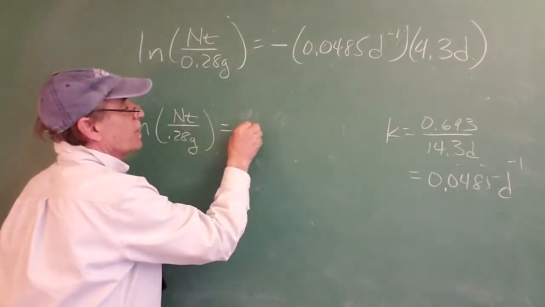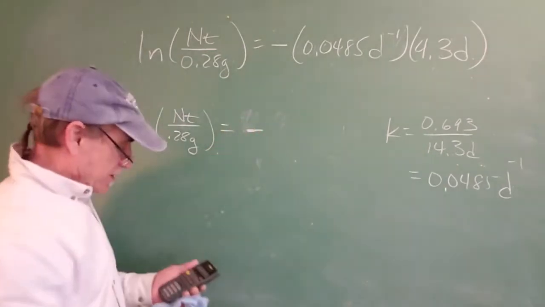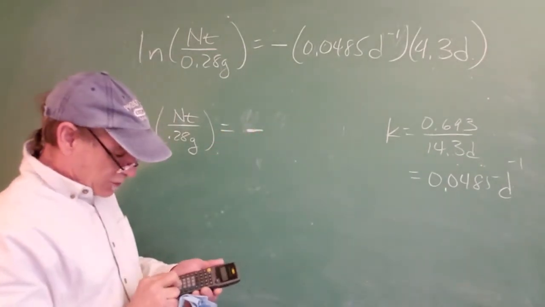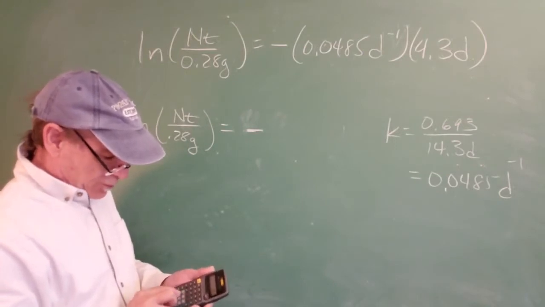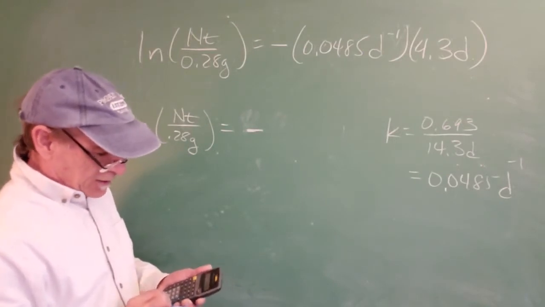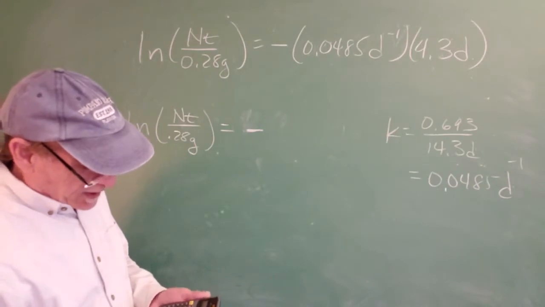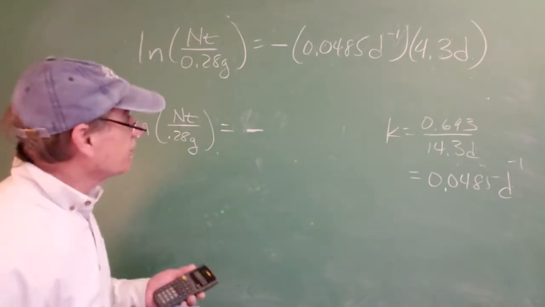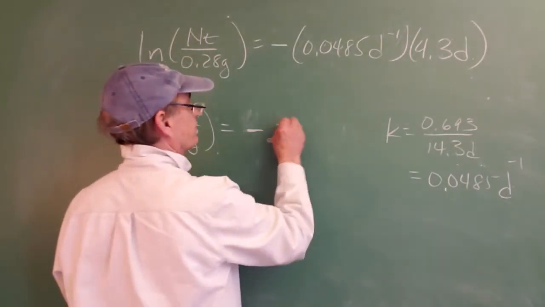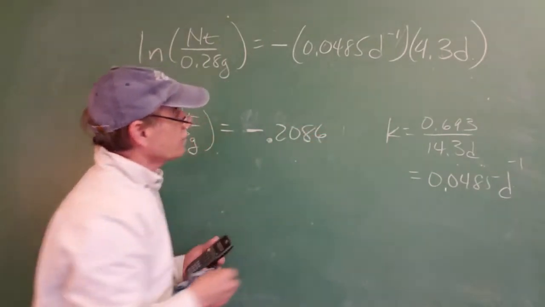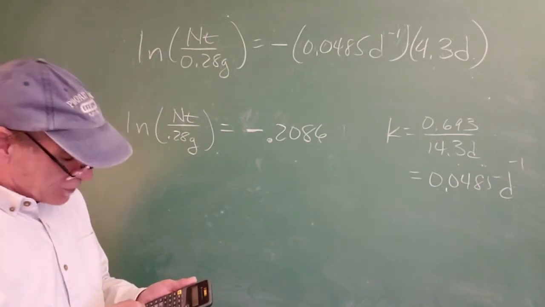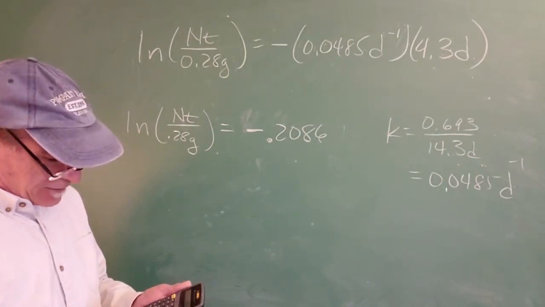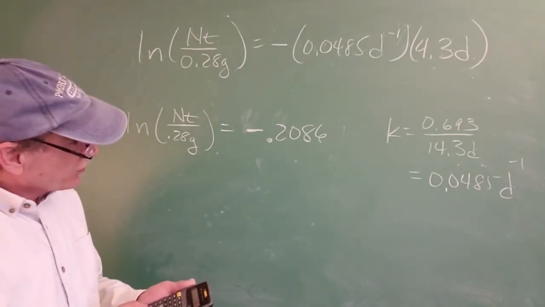It turns out to be minus. Let's see, 0.0485 times our 4.3 days came out negative 0.2086. Let me try that again. 0.0485 times our 4.3.